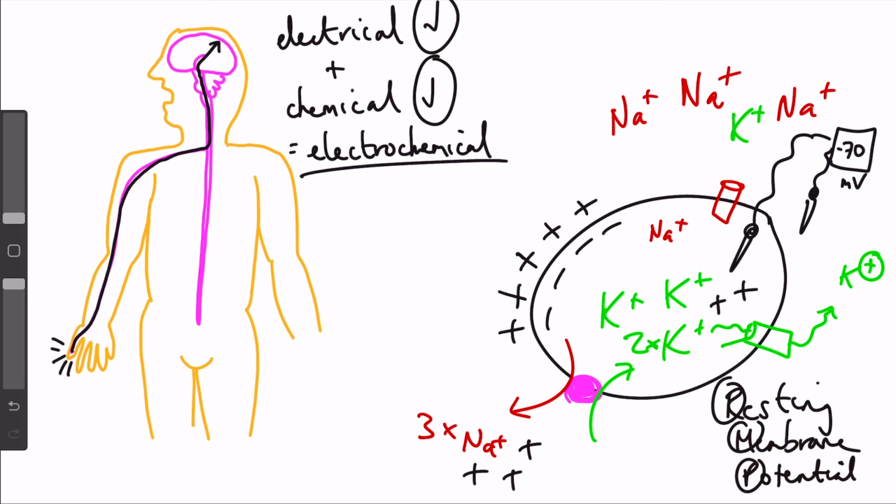So what you would be able to draw up on a graph here is if we were to look at negative 90, negative 70, let's just say negative 55, 0, and positive 30, we're sitting here at negative 70. And that's the resting membrane potential.